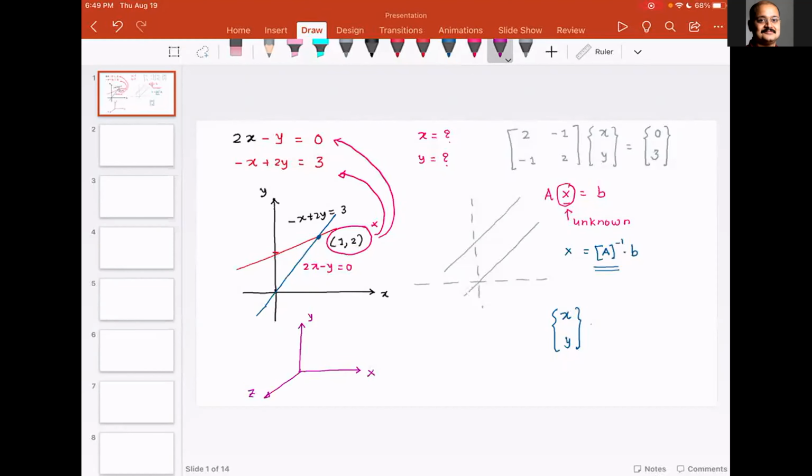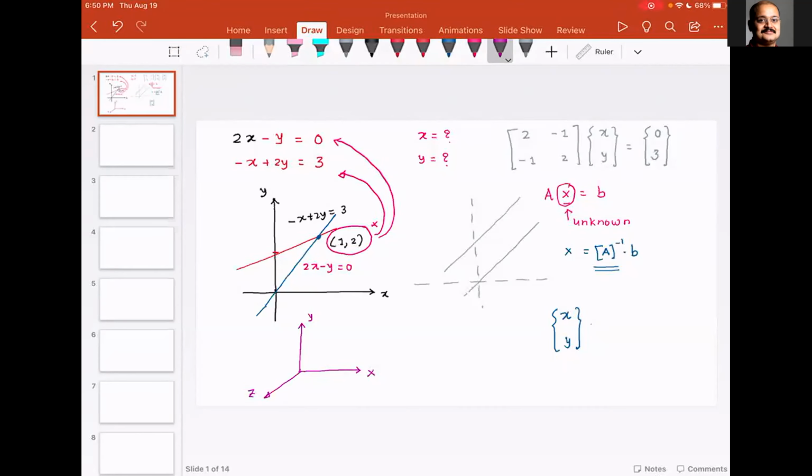Plot planes in 3 dimensions and see where those planes intersect. The point where these planes intersect is nothing but the solution of that set of linear equations. And all that is great.